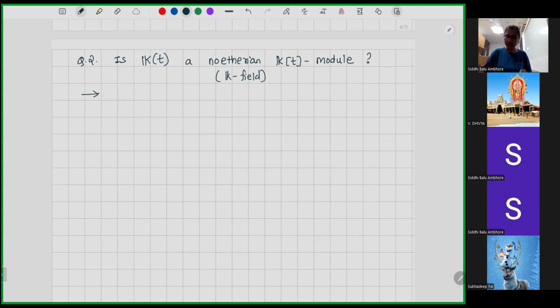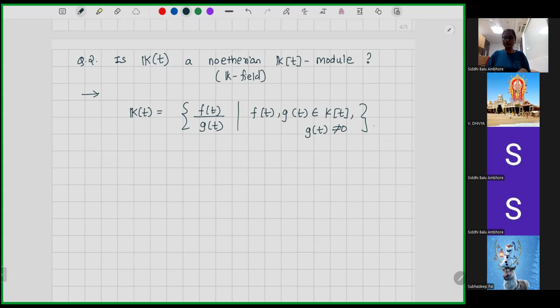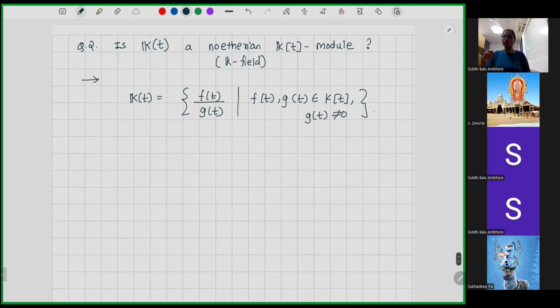K(t), if you don't know, has the form f of t by g of t. And they are asking whether this K(t) is a Noetherian K[t] module. So the fraction field of a polynomial ring is a Noetherian module over that polynomial ring. That's the question. And we are in a polynomial ring with one variable.